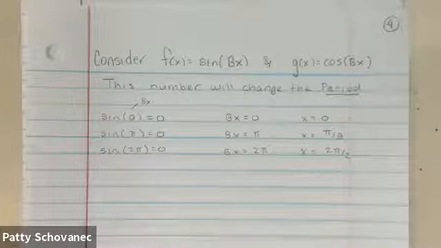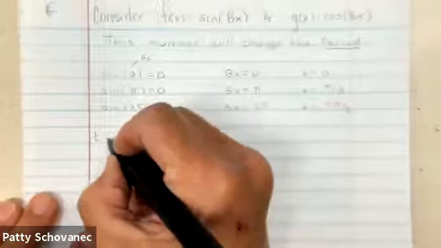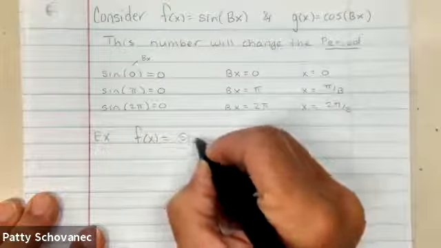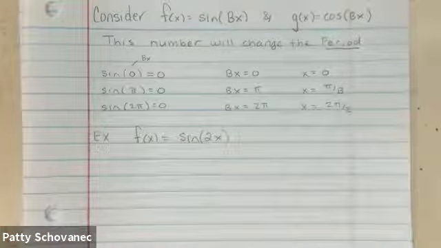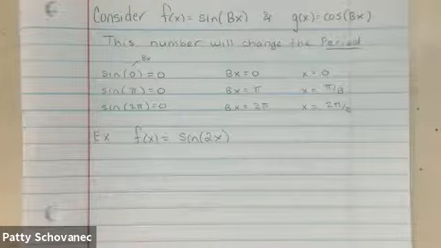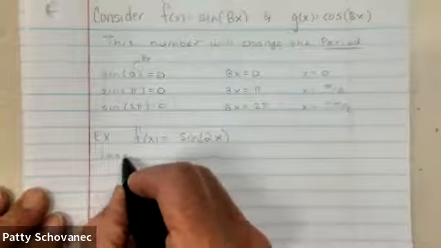For instance, let's look at f of x is equal to the sine of 2 times x. So the first x-intercept occurs when 2x is 0.